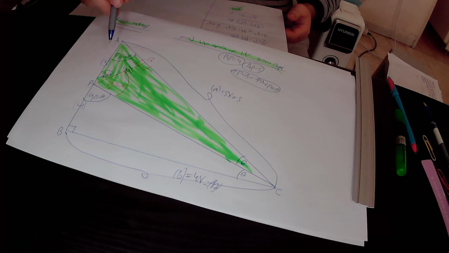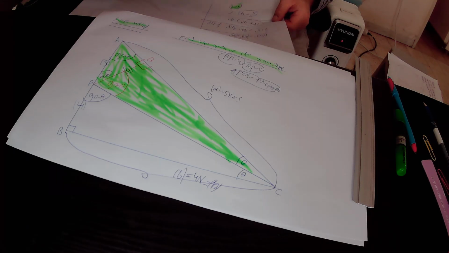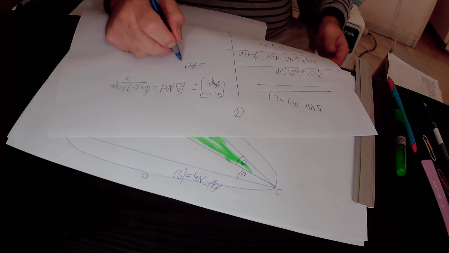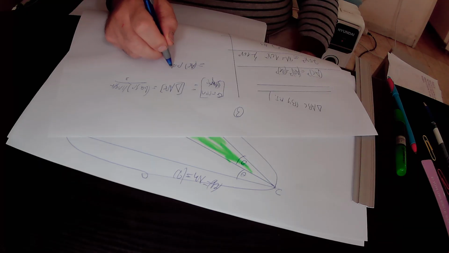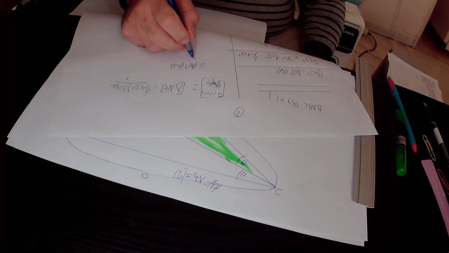And the height to the base must be perpendicular to the base. PQ is perpendicular to the base, so PQ is the height to the base, divided by 2.